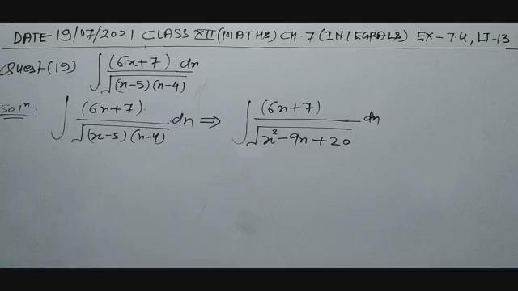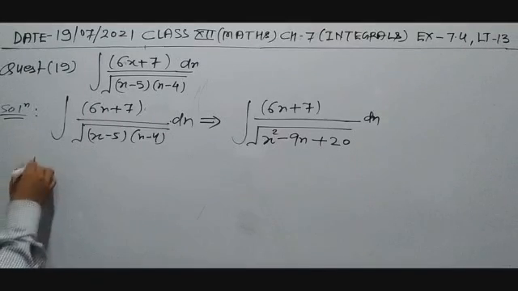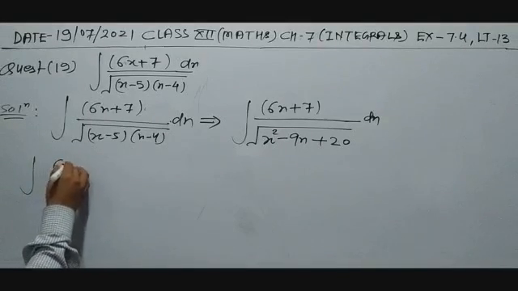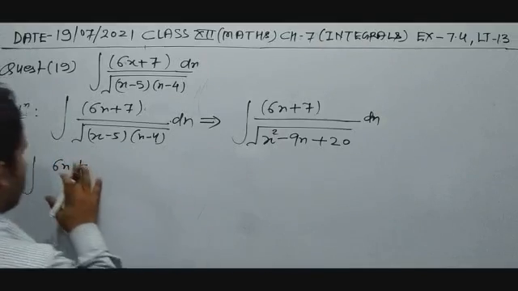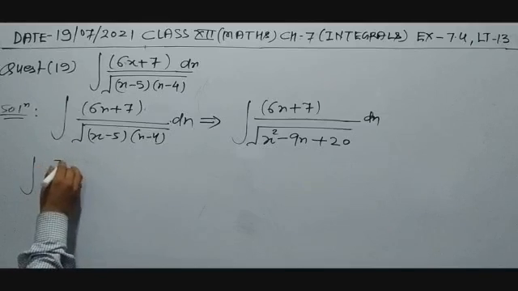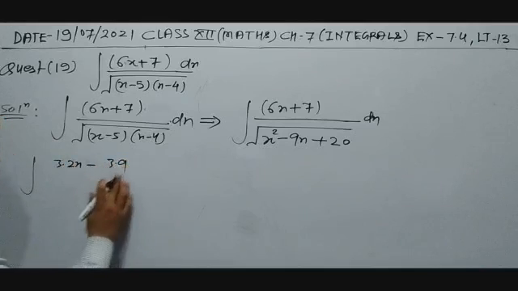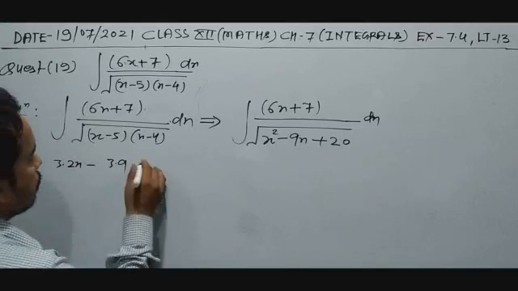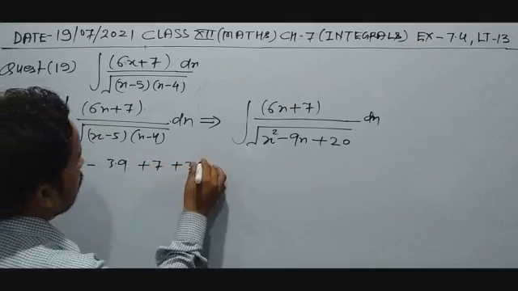So how will you convert this? I am writing here the integration of 6x plus we have to convert 9. 6x can be written as 3 into (2x − 9), minus 3 into 9, which is 27, and plus 7 is here, and also 3 into 9.